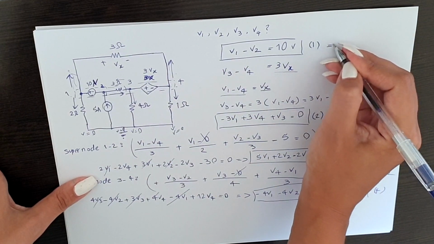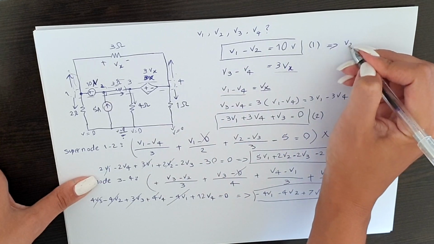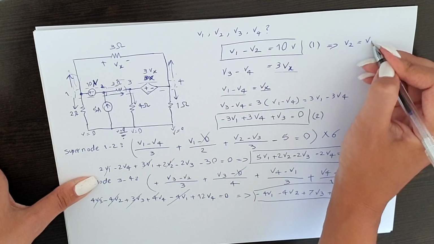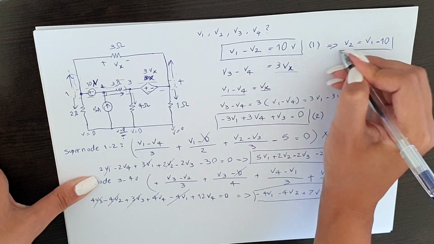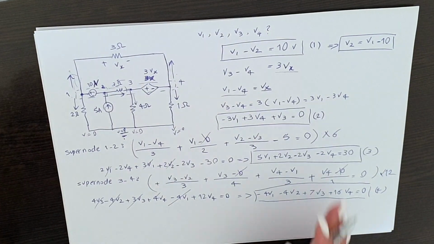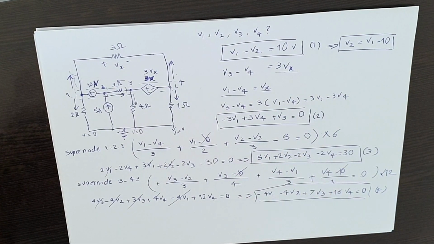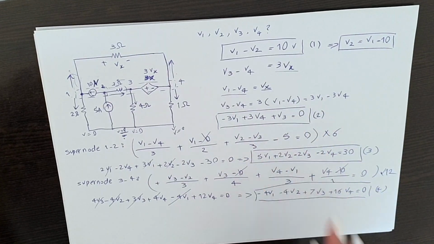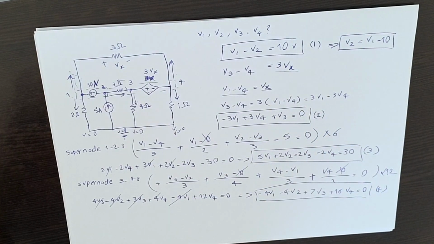What I'm going to do right now is take v2 to this side and bring 10 to the other side, v1 minus 10. So I'm going to put this in all these equations. Instead of v2, I put v1 minus 10, and I'm going to be writing 3 different equations with 3 different variables.